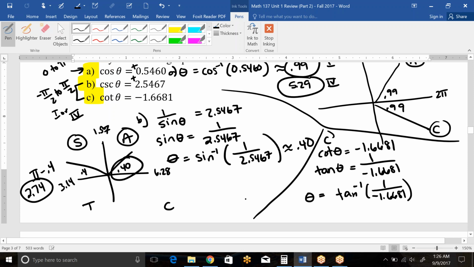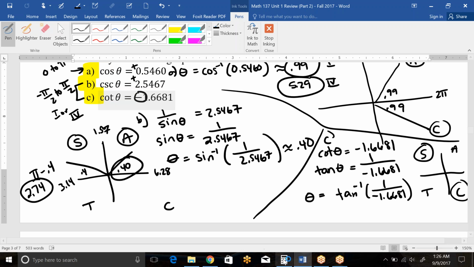Okay, and then remember, tangent, all science teachers crazy. We want to know when it is negative. So that's going to be in quad 2 and quad 4.